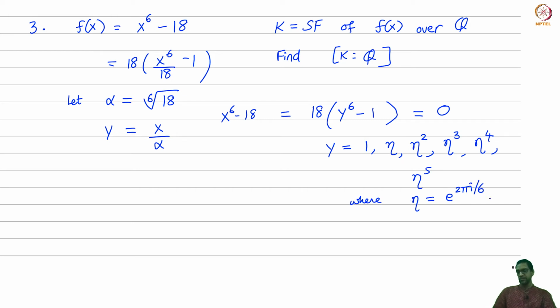Okay, same notation as the previous problem. So therefore, what is x? Well, x is just alpha times these possibilities, right? So the roots x are just alpha times the 6th roots of unity: alpha, alpha eta, alpha eta squared, cubed, 4 and 5. So these are the 6 roots of this polynomial f of x.